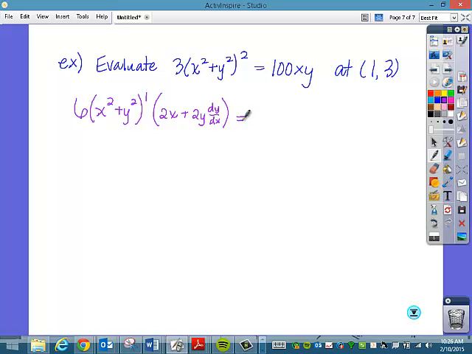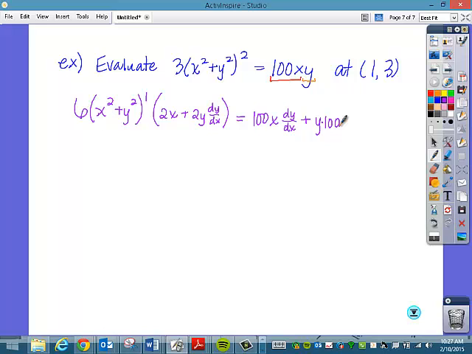Then we have product rule. So think of 100x as your first term, and think of the y as your second term. So first, 100x times the derivative of the second. Remember, the derivative of y is just 1, but I have to stick a dy dx on there. So first times the derivative of the second, plus the second times the derivative of the first, which is just 100.